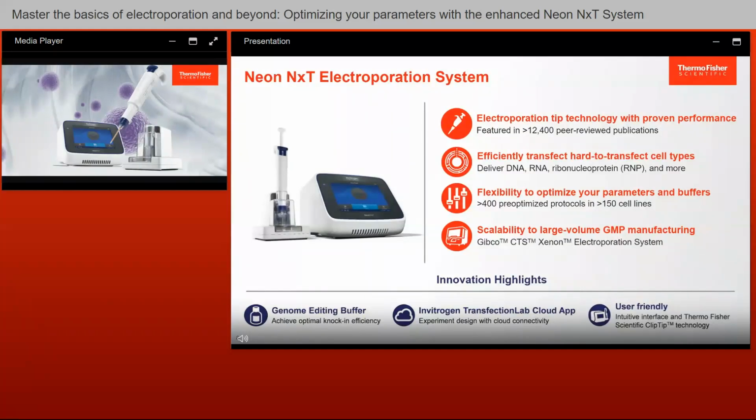This technology is featured in over 12,000 peer-reviewed publications. The system allows researchers to optimize their electroporation parameters to efficiently transfect hard-to-transfect cell types, but also includes over 400 pre-optimized protocols and over 150 cell lines on the instrument itself.